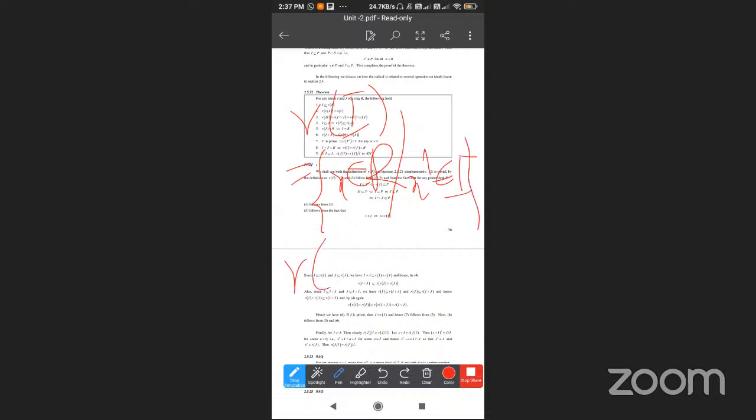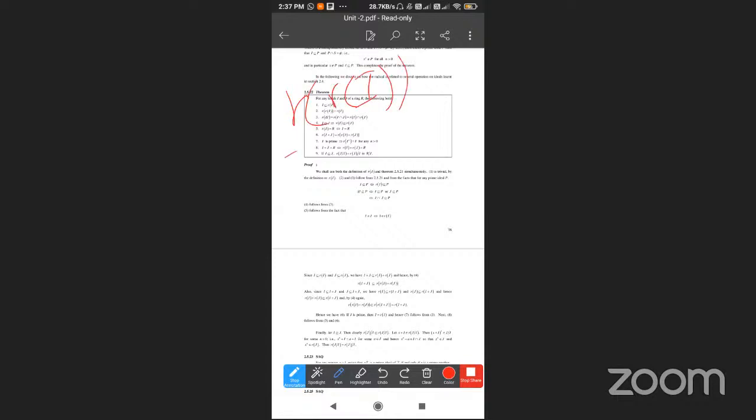Now take y belonging to R such that y to the power n belongs to the radical of I. By the same definition, y to the power n belongs to I, so y belongs to the radical of I.